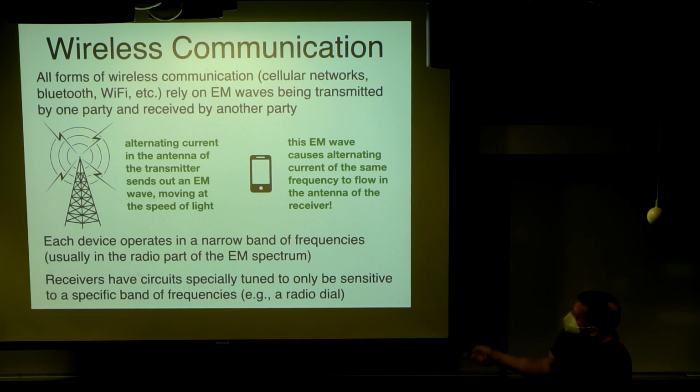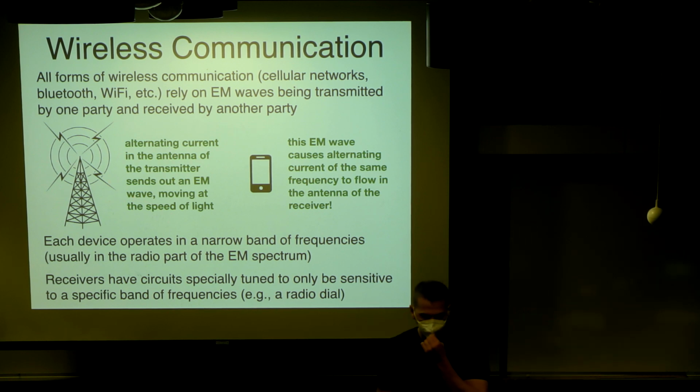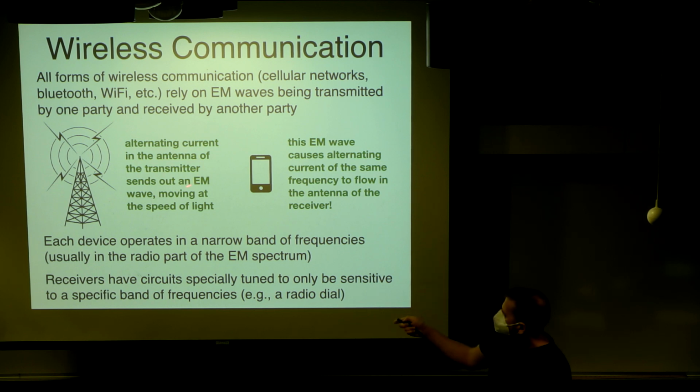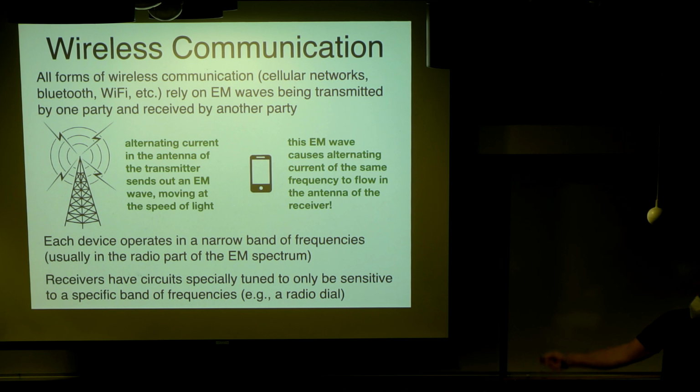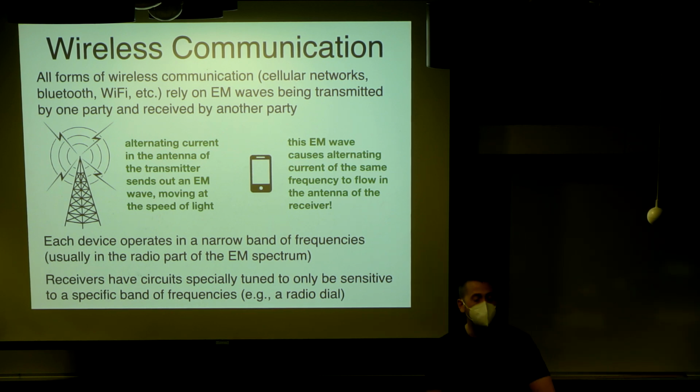Well, there's some kind of circuit in that device which is sensitive to that particular electromagnetic wave. It's specially tuned so that it's sensitive to whatever that frequency is, okay? And so when the electromagnetic wave hits it, it causes alternating current to start flowing in that receiving device. And that's how you pick up the signal, okay?